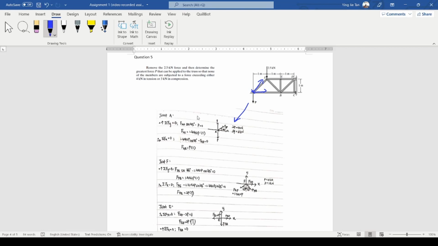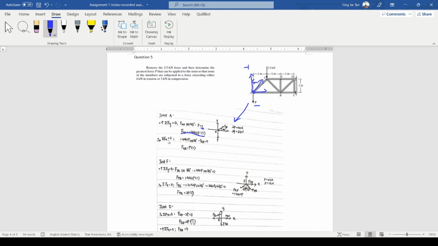For Fy, which is the vertical component, we will resolve FAF to here, which is 45 degrees, minus your P, because you see, if you resolve here it will be positive, and here will be negative, equals 0. And then after that, you will use the formula, and then you can get this one.